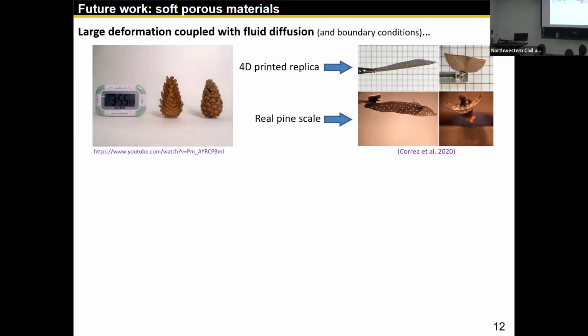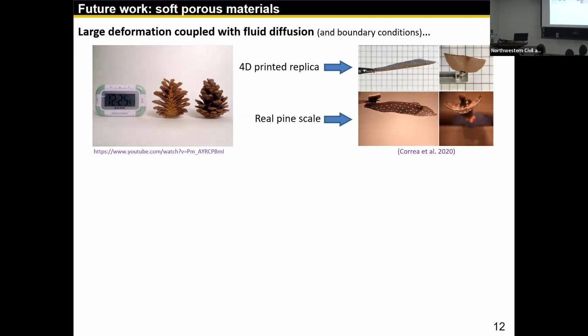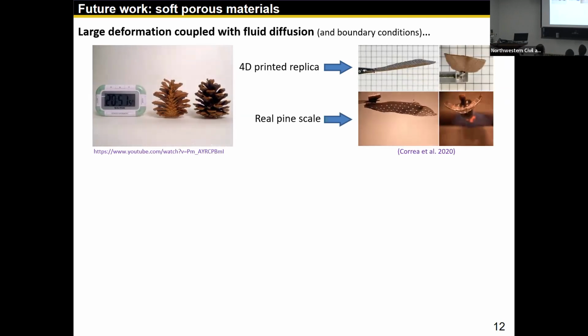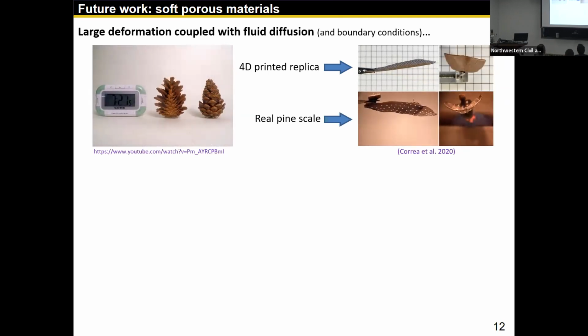So it's a seed dispersion mechanism for pine trees, adopted from the history of evolution. You can see this deformation is definitely huge, large strain. Mechanical engineers and material scientists are trying to replicate this process to invent or inspire new passively actuated materials for gas sensors or actuators.